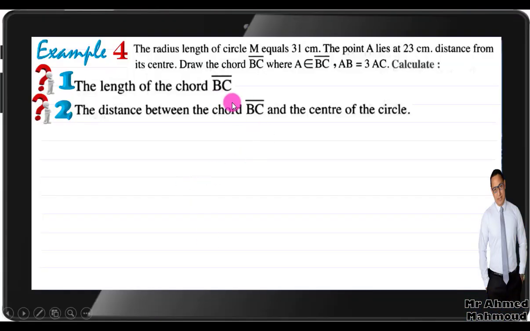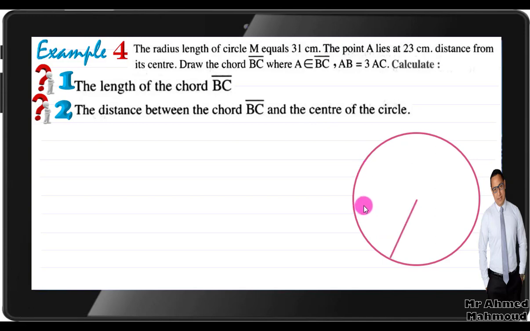The radius of the circle equals 31. So we have a circle, its radius equals 31. So I'm going to draw the radius like this. The radius here equals 31. Let this point be called E, for example. Okay, now the point A lies at 23 centimeters from its center.